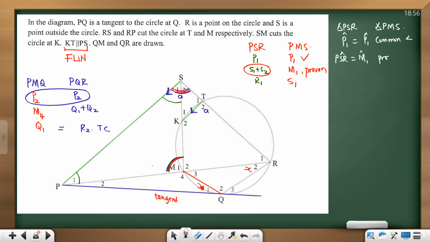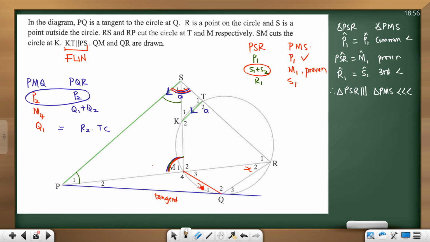What's your reason? Proven. Therefore, angle R1 equals angle S1. What's your reason? Third angle. Therefore, triangle PSR is similar to triangle what? PMS.